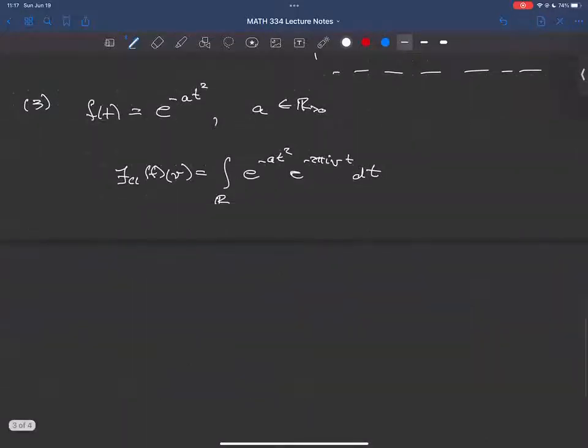Okay, so what I'm going to do, of course, is I'm going to combine the exponentials here, and then I'm going to complete the square. Okay, so I'm going to, as a function of t, write this. So this is a quadratic plus a linear, and I'm going to add and subtract in the exponent a constant term in t that makes a complete square there. So let me not say any more about it. Let me just write down the answer.